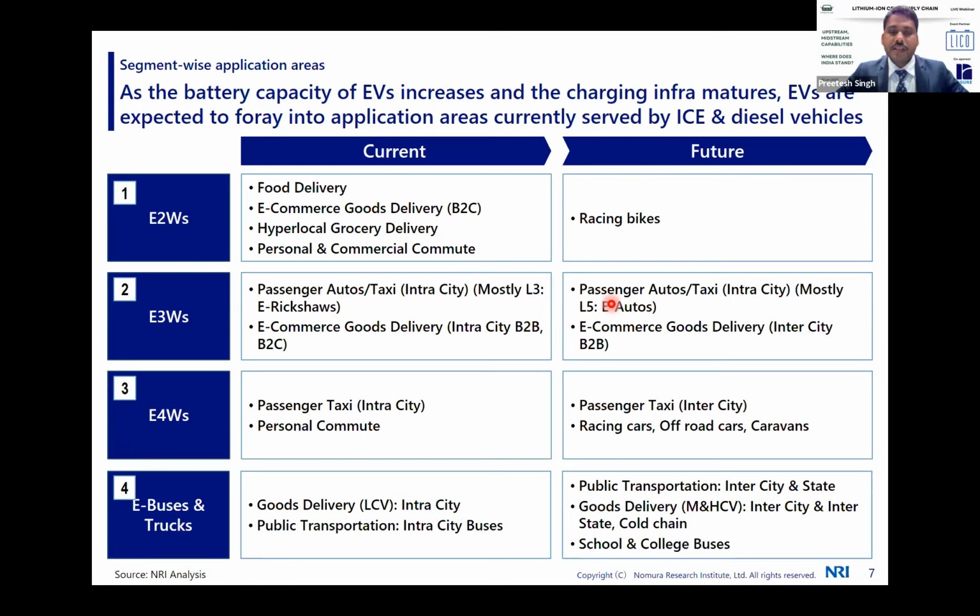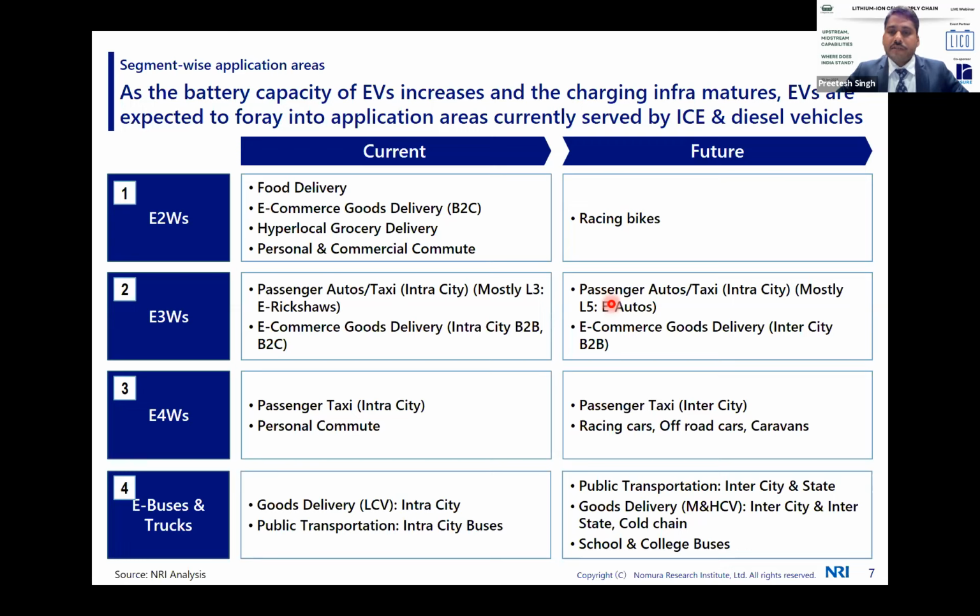In passenger cars, in four-wheelers, currently there are passenger taxis mostly for intracity, and personal commute. But in future, it is going to shift towards passenger taxis, intercity and intracity also, and then racing cars, off-road cars, caravans, etc. are going to be introduced. In e-buses and trucks, it's currently mostly goods delivery with the e-commerce companies and public transportation.